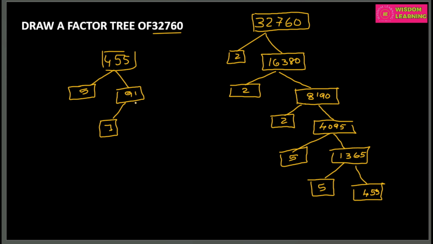When 91 is divided by 7, the answer is 13, which is a prime number.